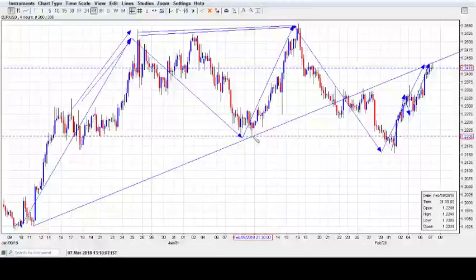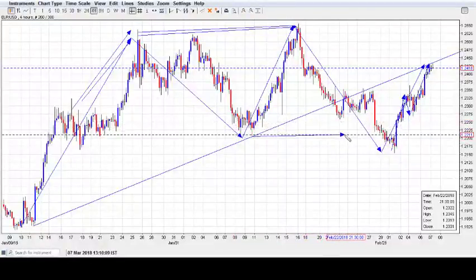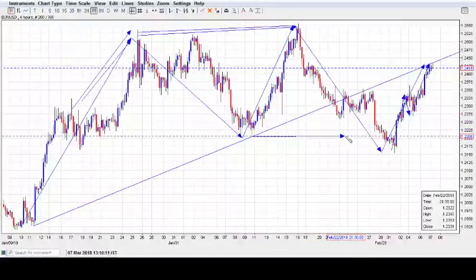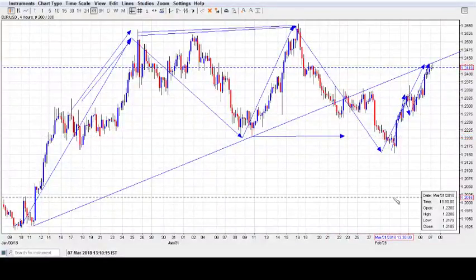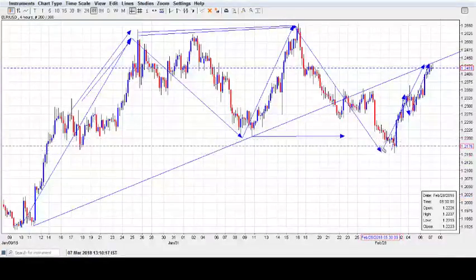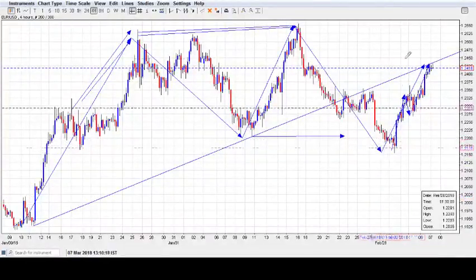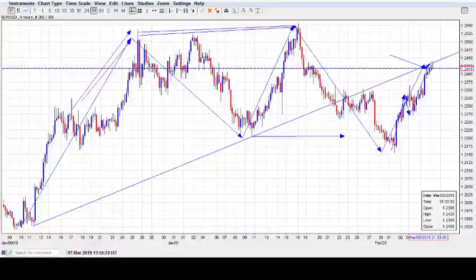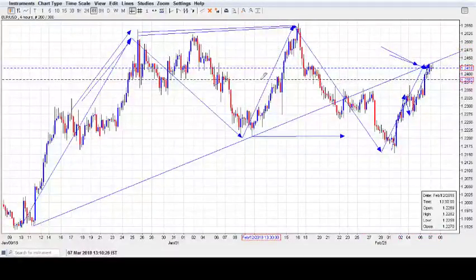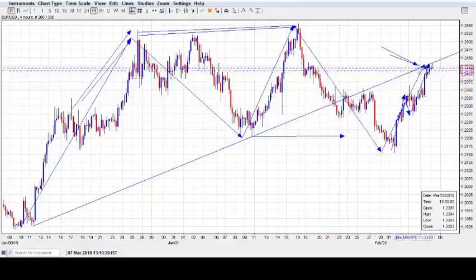The neckline got broken just about the 1st of March, I suppose, or end of February, first couple of trading days of March, and then the right shoulder is being carved out right now. So it's a neat little straight head and shoulder pattern.